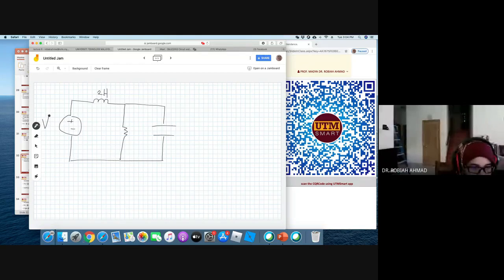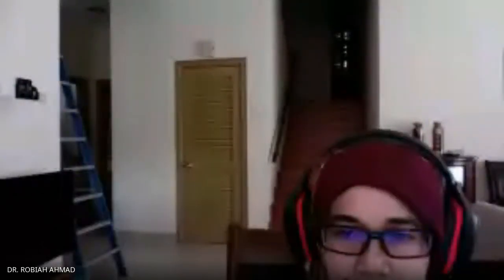This is the input. R just now is 2 kilo ohm. And the capacitor is in micro farad. So this is our output. Okay.